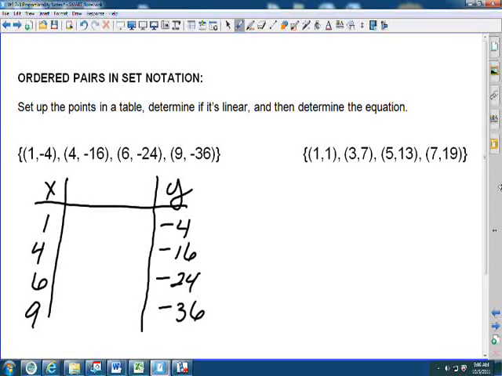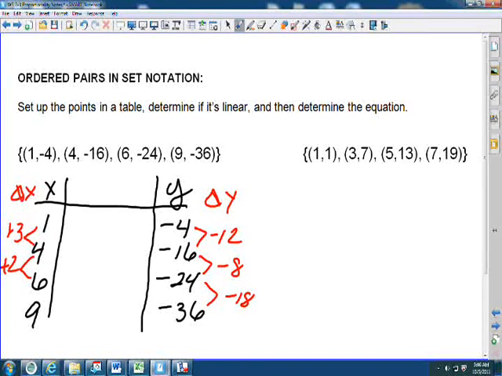Now, as I go through here, the first step is to do delta y. The change in y right here is minus 12. Right here, though, this should be minus 8, and then minus 12. The next step is delta x, which is plus 3, plus 2, and plus 3.